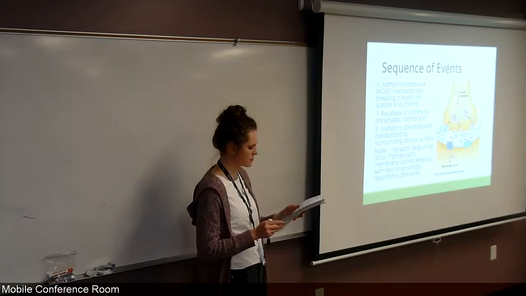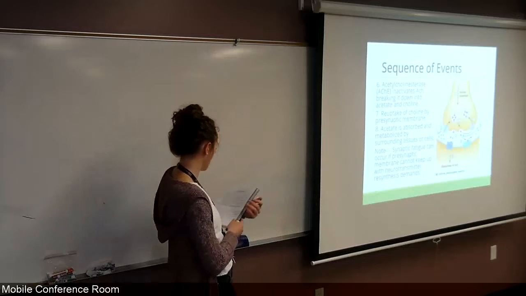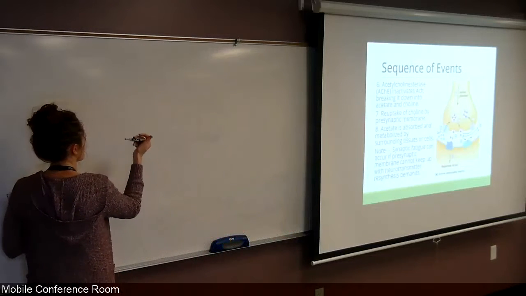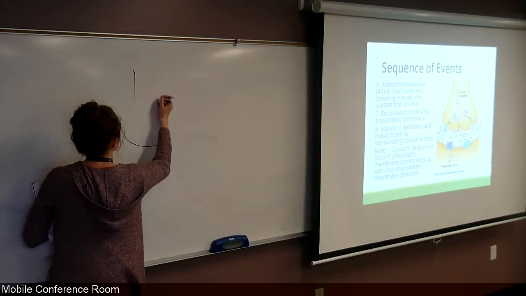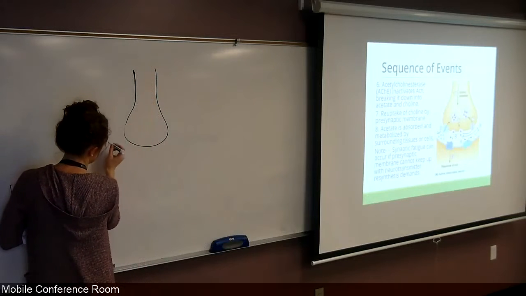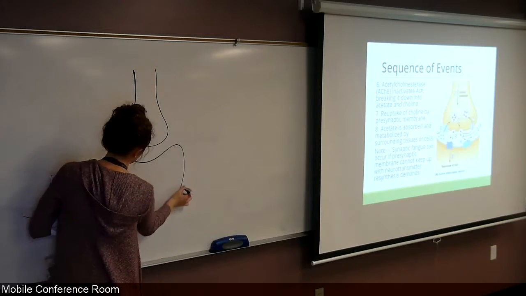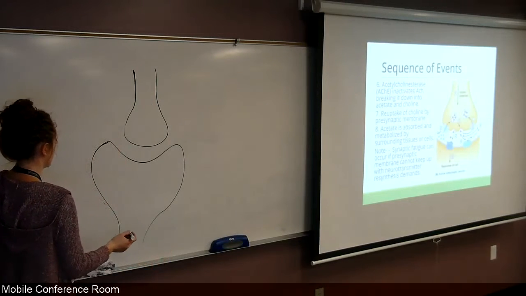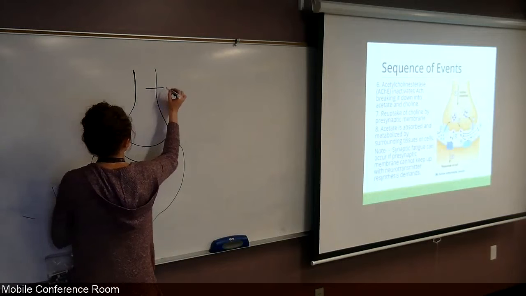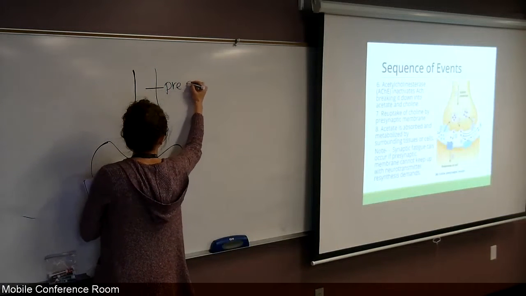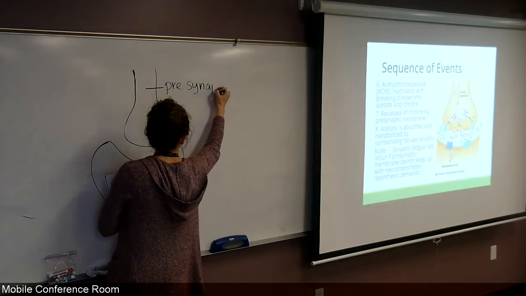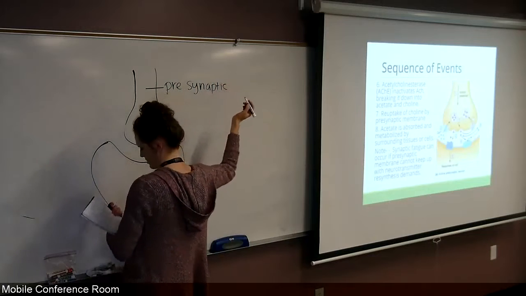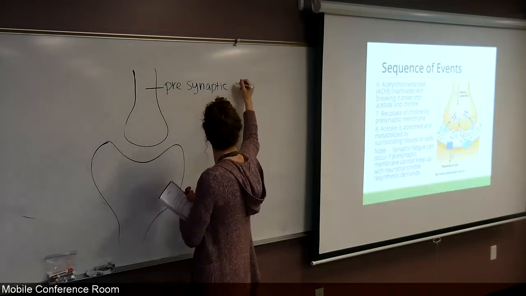Okay, I kind of jumped over the anatomy of the synapse. It's pretty self-explanatory, but we'll go over it. You'll be tested on it. So, this is our presynaptic neuron.